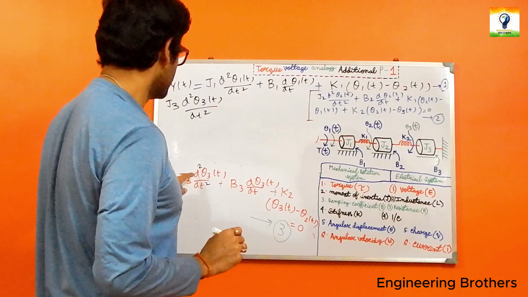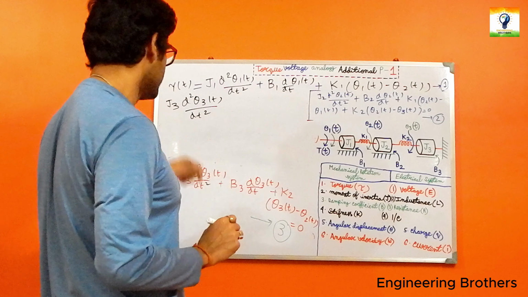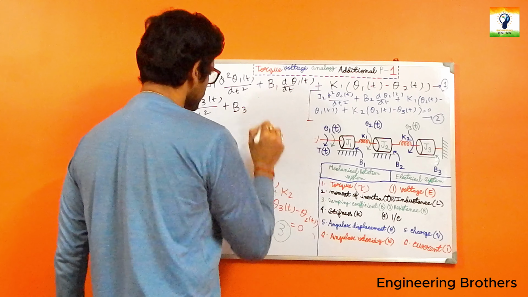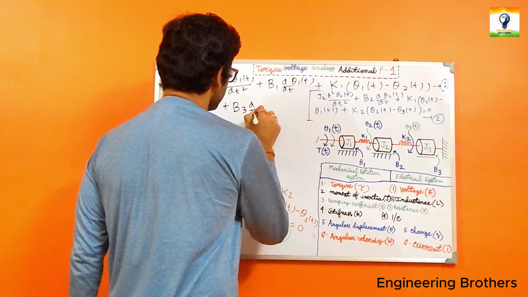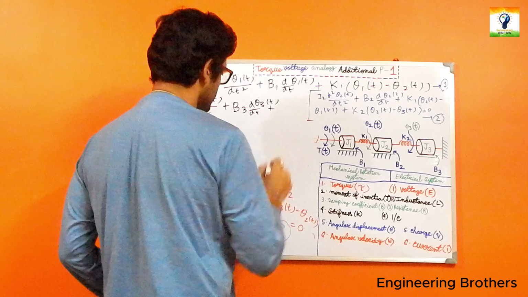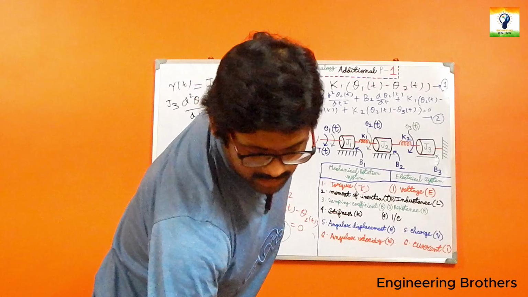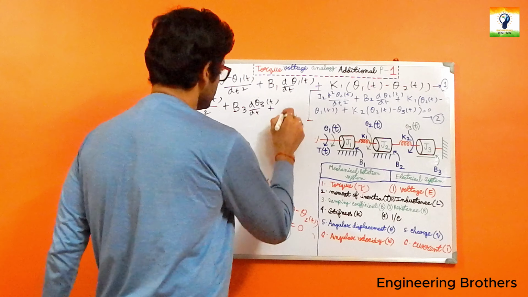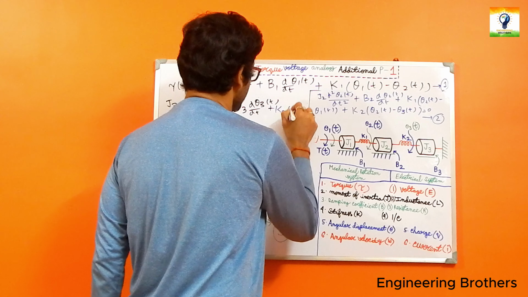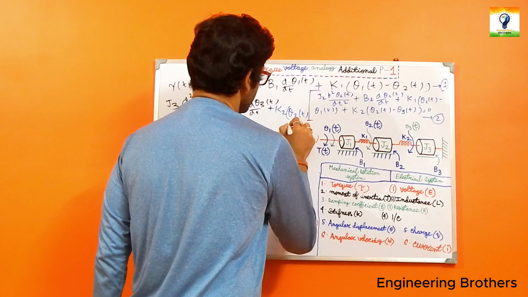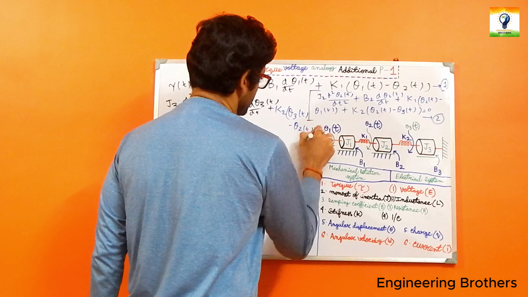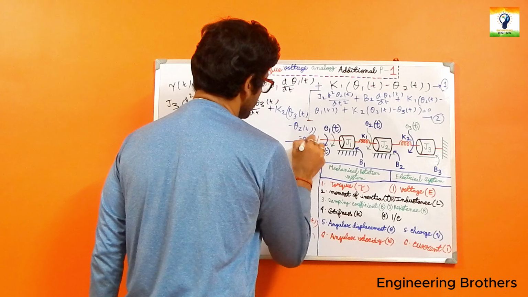So this one should be our d2 theta t divided by dt2, and I have written plus our b3 d dt of our theta 3t plus ultimately our k2 multiplied with our theta 3 minus our theta 2t, which is ultimately equal to 0. So this one is our equation 3.